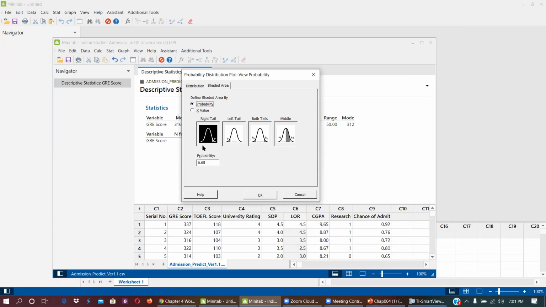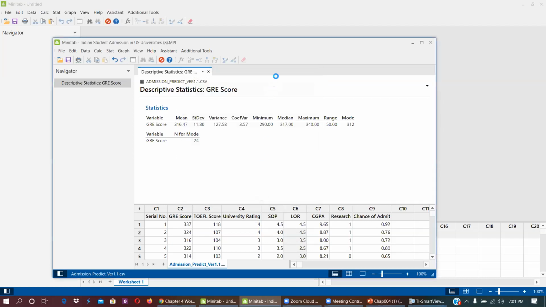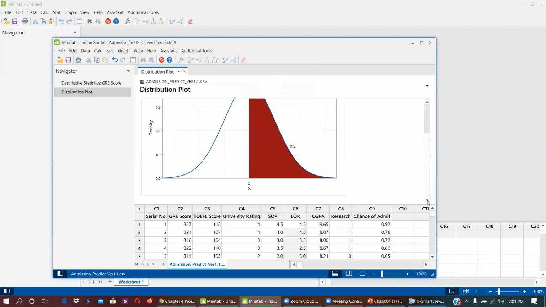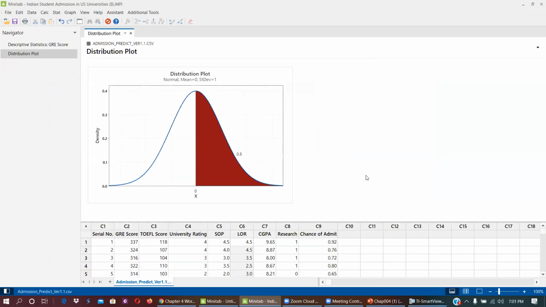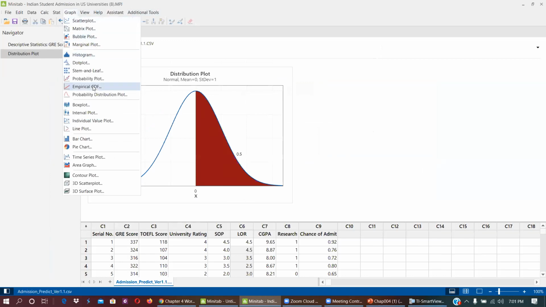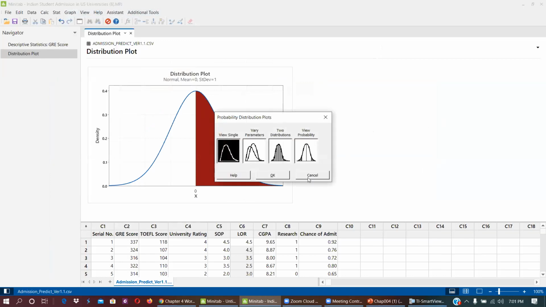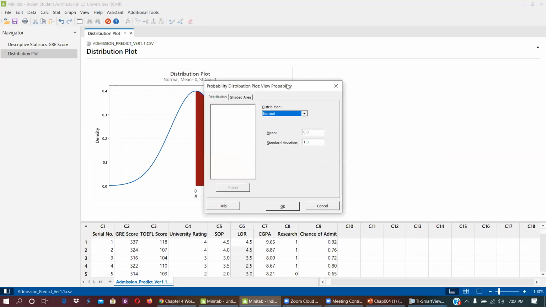Here you can see probability. This is just a normal probability distribution. This is the positive side, this is the negative side, and you can play with this. A lot of graphs can be made. I'm not using any data as of now.